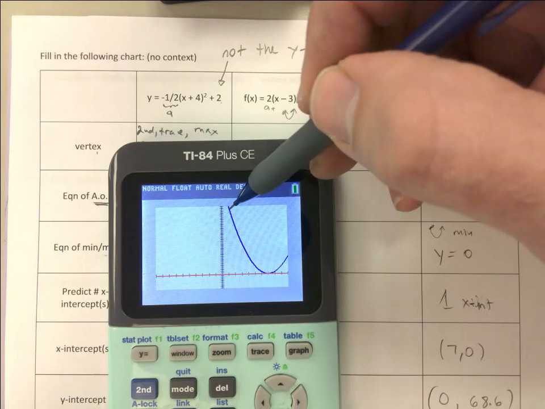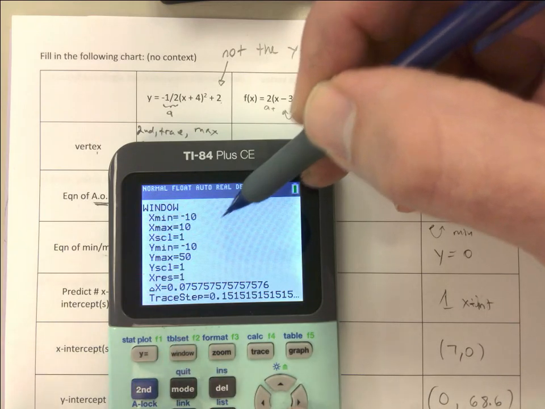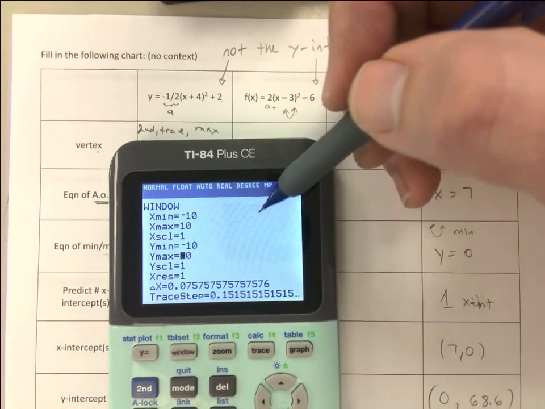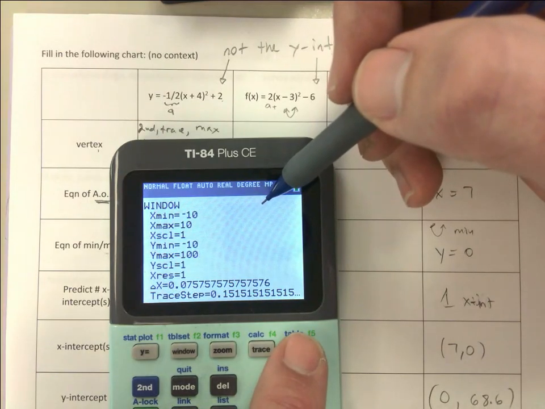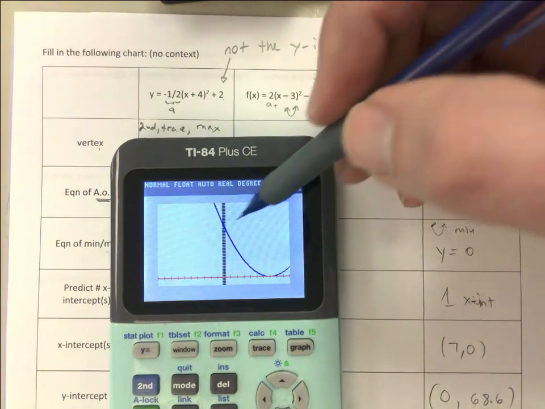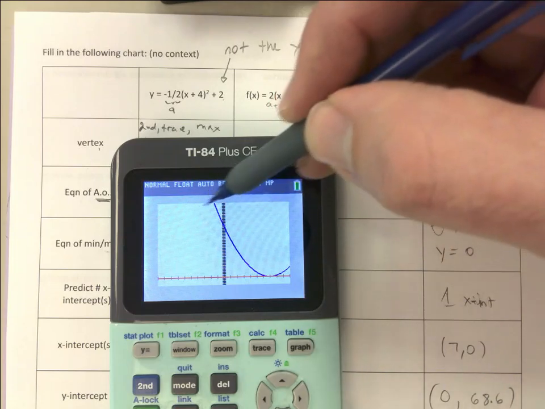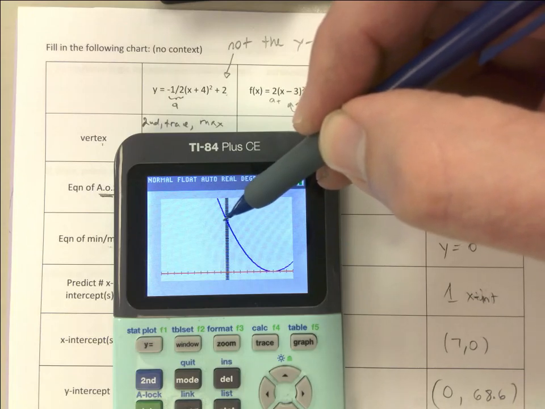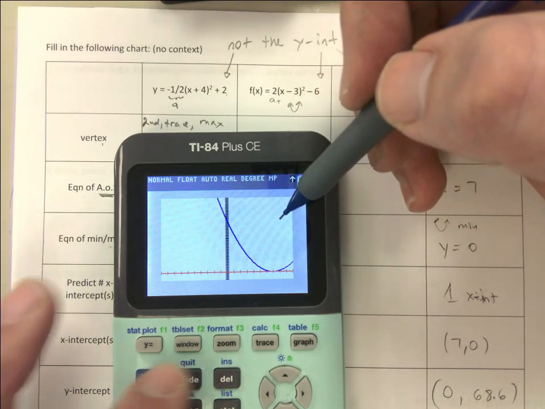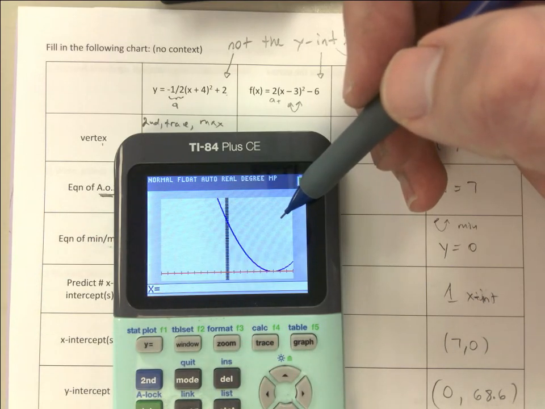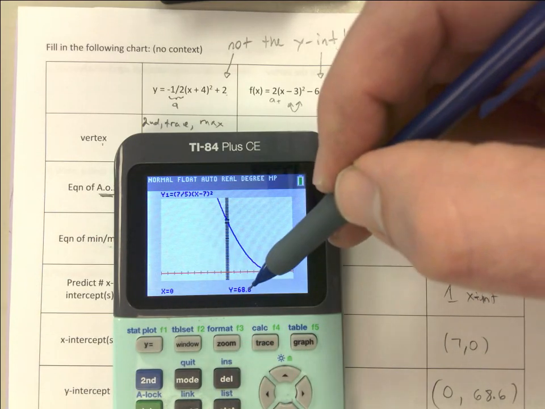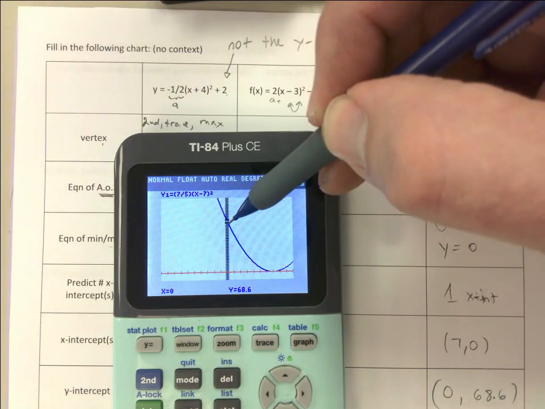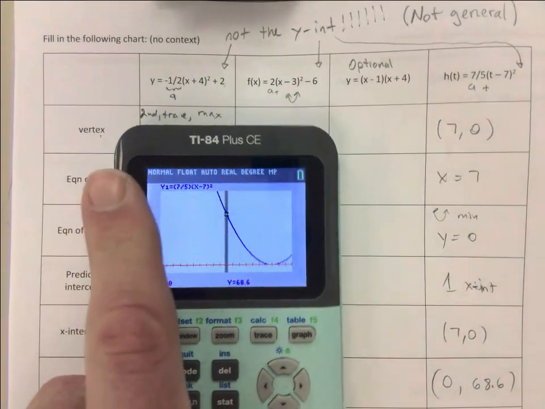Still not good enough. I'm going to keep increasing my y max. I'm going 100 right now. And there it is. I went all the way to 100 up here, y max, to see this. Okay? And then you go second trace value, x is equal to 0, and there's the 68.6. Okay?